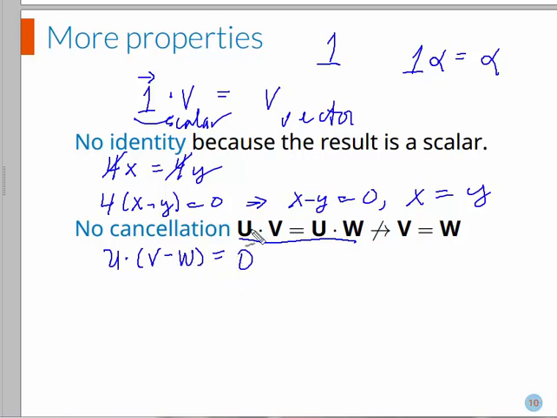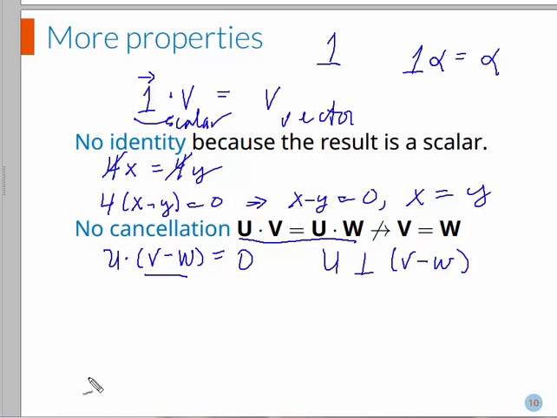Okay. What does this mean? It only means that u is perpendicular to the vector v minus w. So this will hold for any vector that is perpendicular to u.